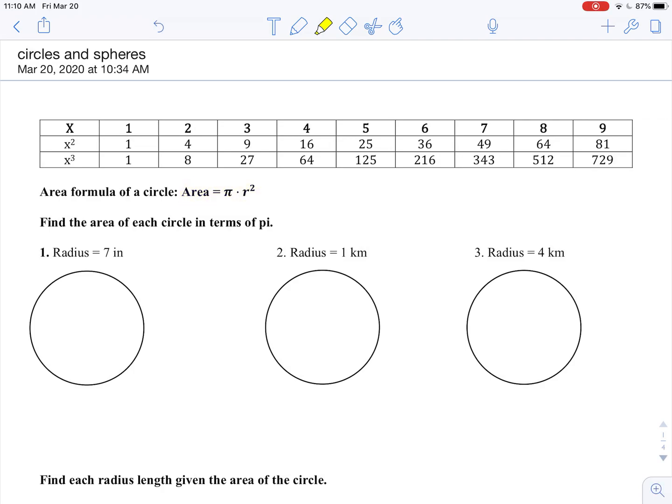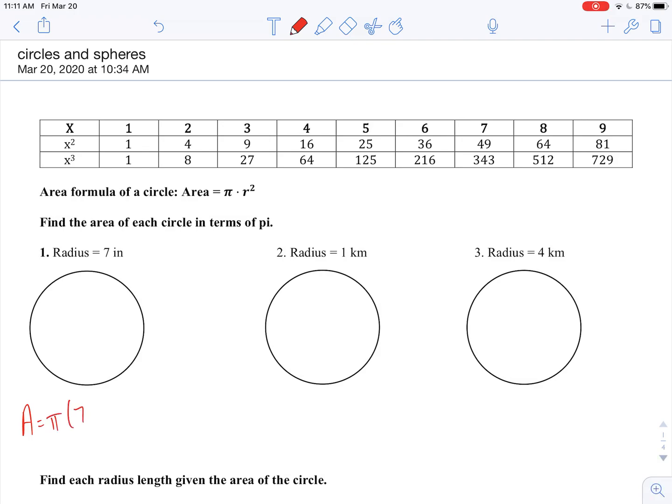I feel like we had a lot of success here when we were in the classroom with finding area given our radius, but let's go over one just to be sure. So I'm given a radius of 7 inches, and where do I plug in my radius? Where does my radius value go in this equation?